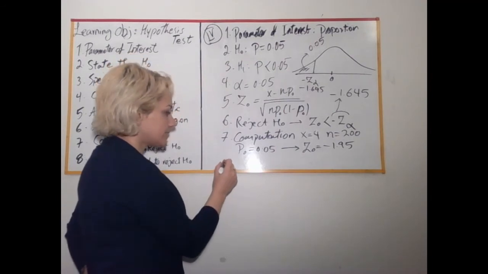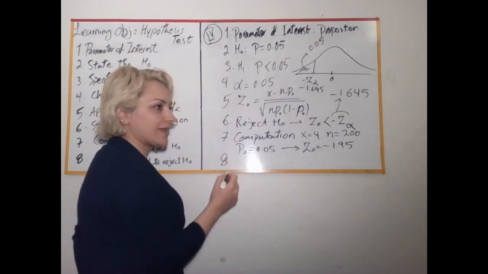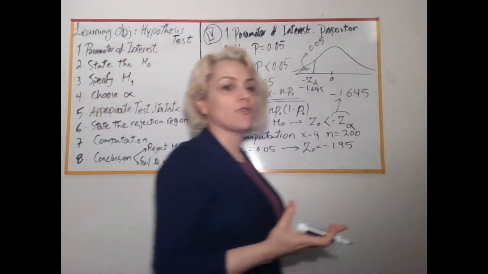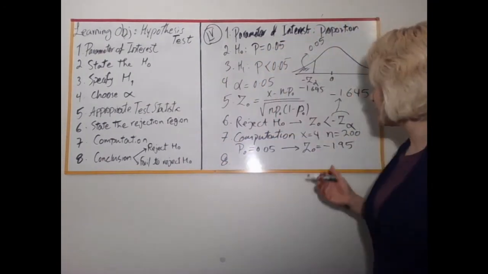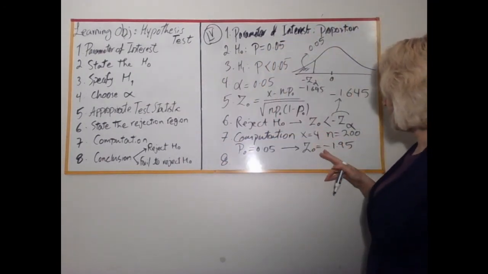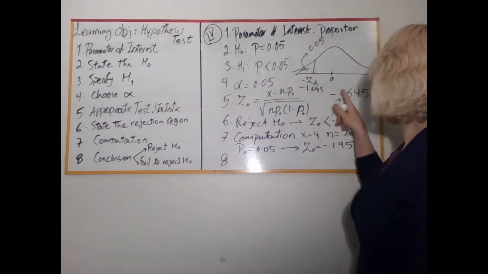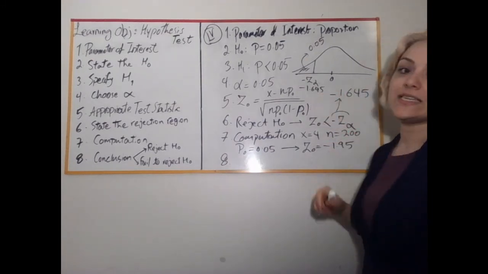Okay, so step number 8 is that we want to make the conclusion. For making the conclusion, we said that we need to compare the value of Z null that we found with the value of Z at the alpha.